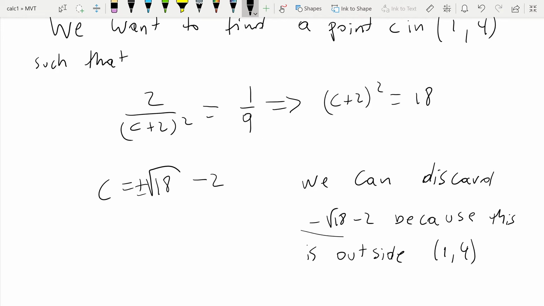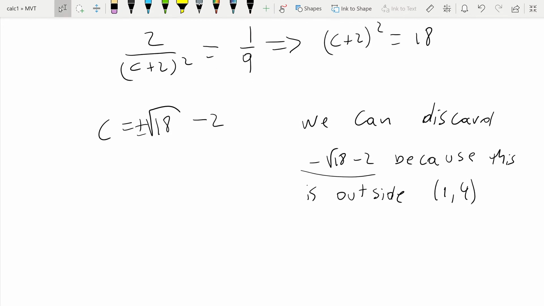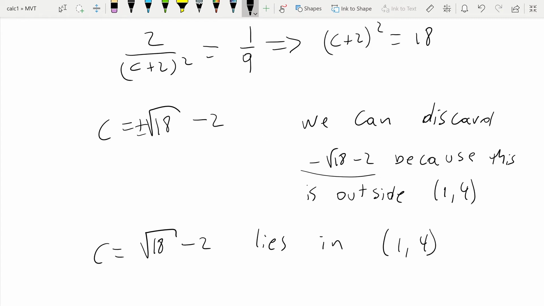Yeah, this number here is negative, so it's not in (1, 4). However, c equal to the square root of 18 minus 2 lies in (1, 4).